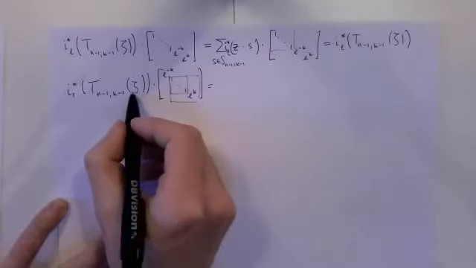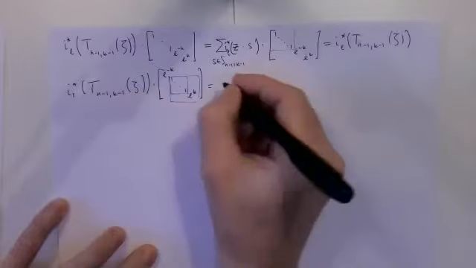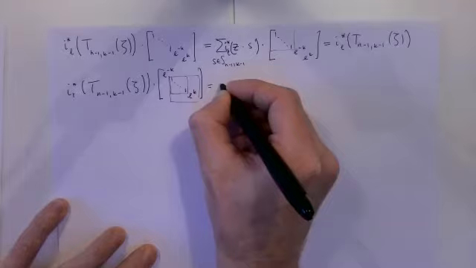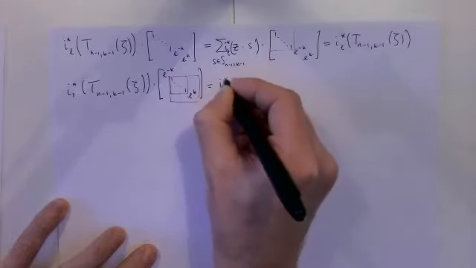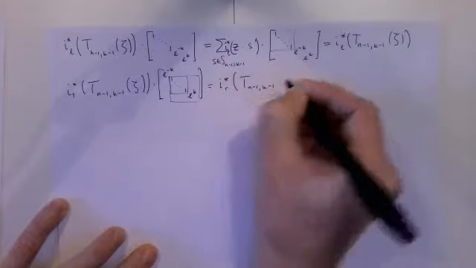This matrix acts trivially on the zeta, and it commutes past the t. So I get that this is also just this inclusion.